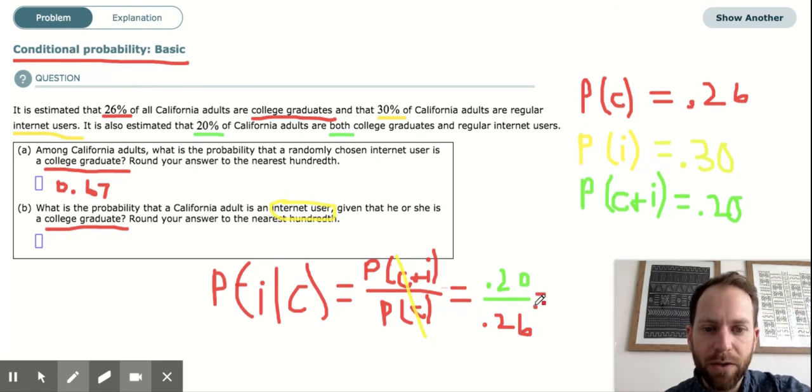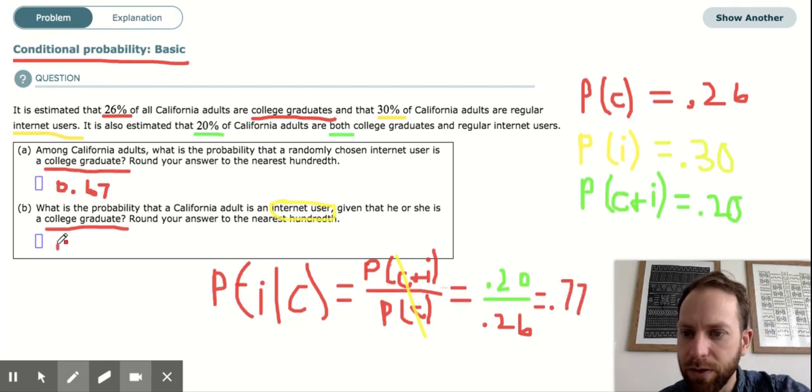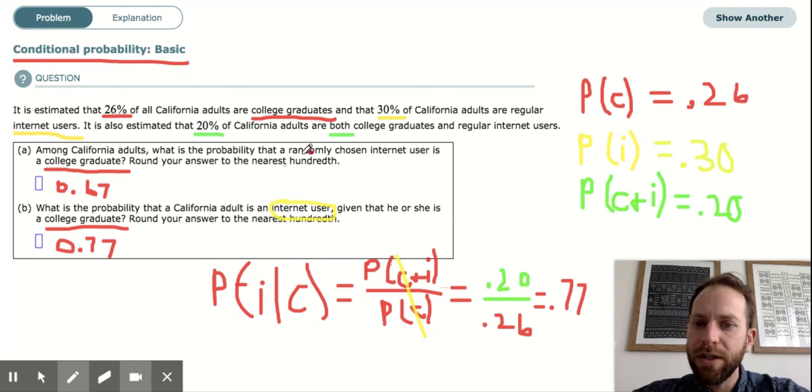So rounded to the nearest hundredth, that's 0.77. So right here is 0.77. It's really important to think what are we assuming here, and then what do we want to know? What we want to know is what you want to be left on its own here.